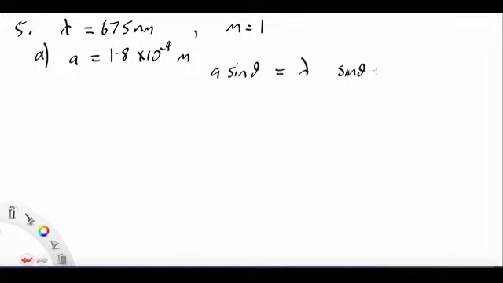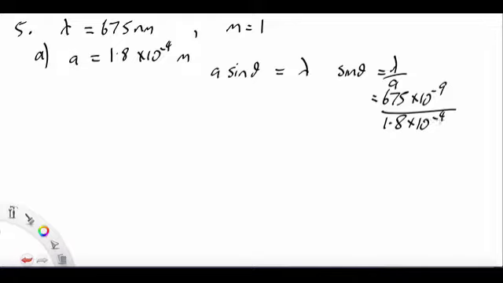So sine theta equals lambda over a, which is 675 by 10 to the minus 9 over 1.8 by 10 to the minus 4 equals 0.00375. So that gives us theta is 0.21 degrees.